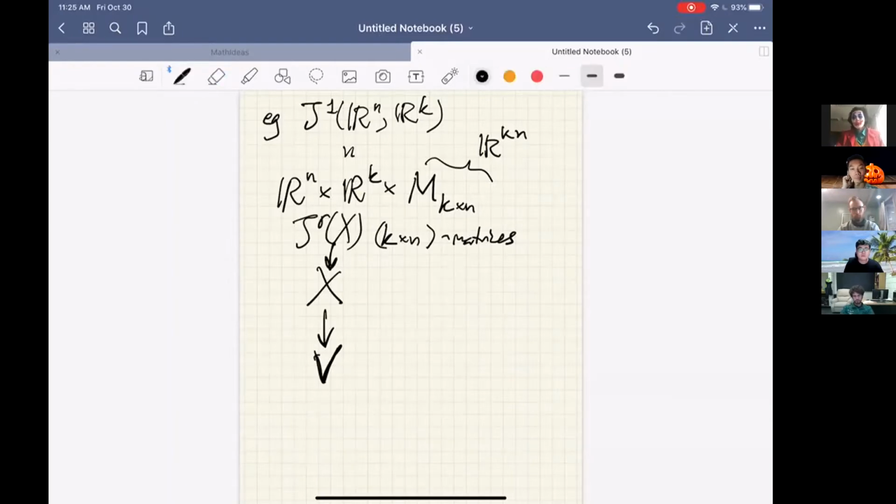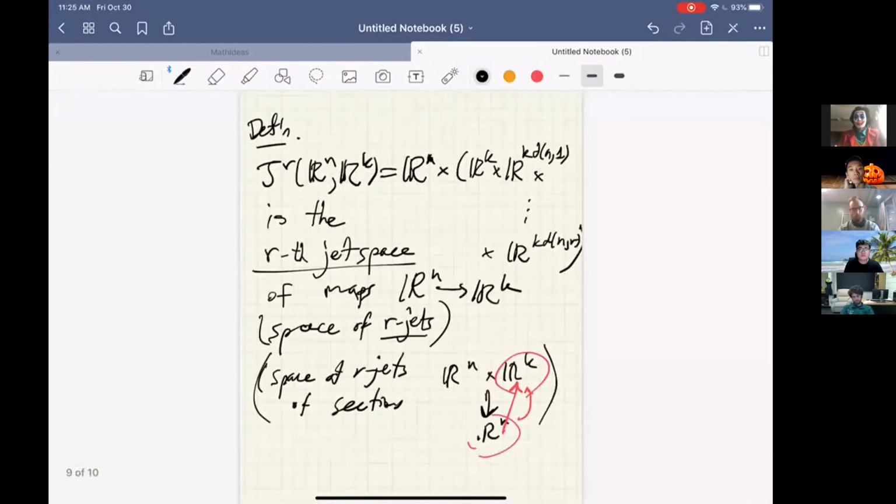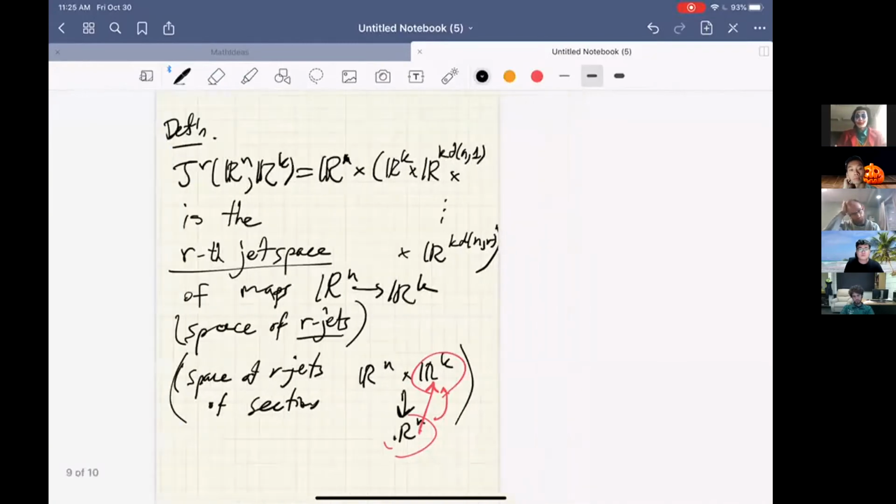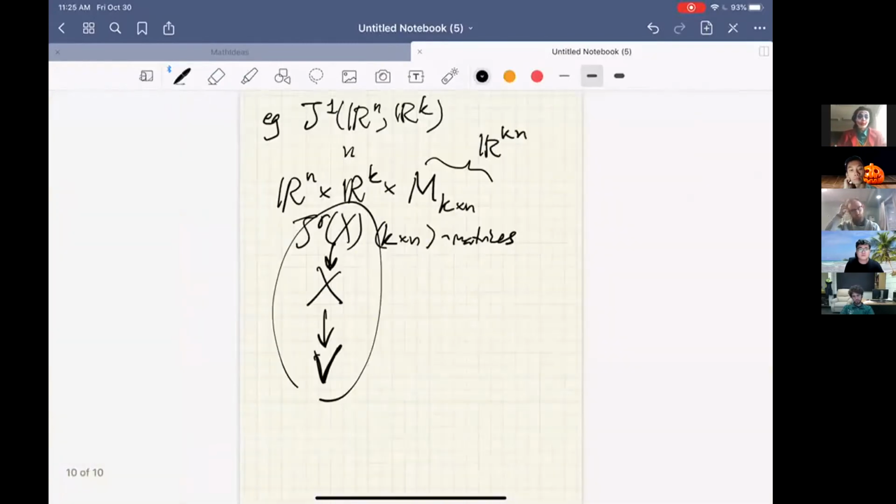Jet spaces are defined for general fibrations and general bundles, but locally they'll always look like what we've been discussing so far. Locally they look like products of Euclidean space. So they're finite dimensional manifolds. It's pretty good.